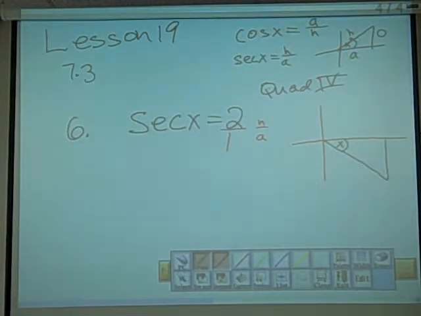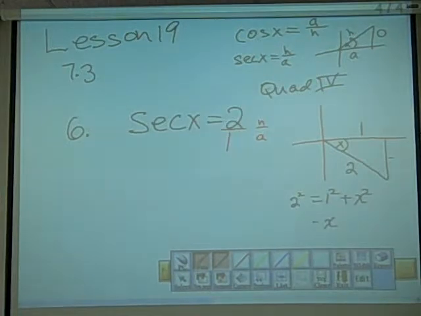Okay, so here's angle x. And we said that secant is 2, which is the hypotenuse, over 1, which is adjacent. But we need to find the opposite side, right? And since we're in quadrant 4, the opposite side is going to be negative. So we use the Pythagorean theorem: 2 squared equals 1 squared plus x squared.